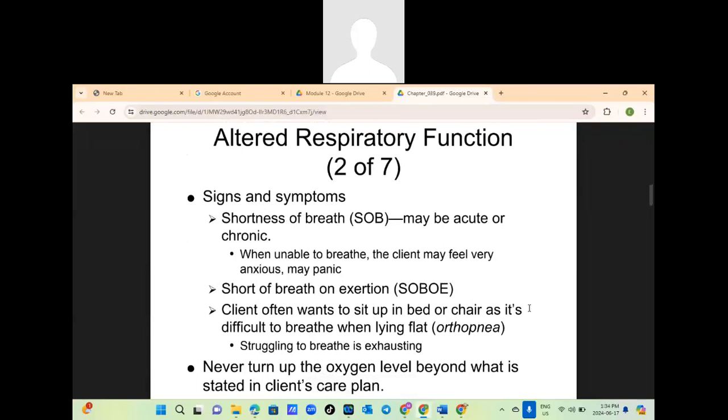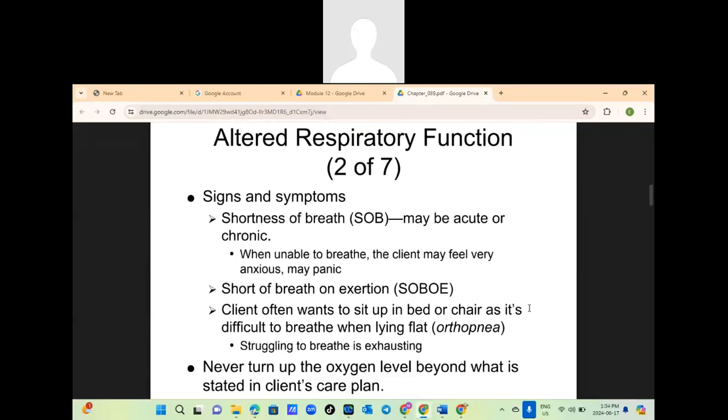Chronic will be with you. It can happen for some reason, let's say you have heart problems, or COPD, chronic obstructive pulmonary disease. That is a chronic disease, so definitely you also have chronic shortness of breath, anytime. It depends on your activity level, right?